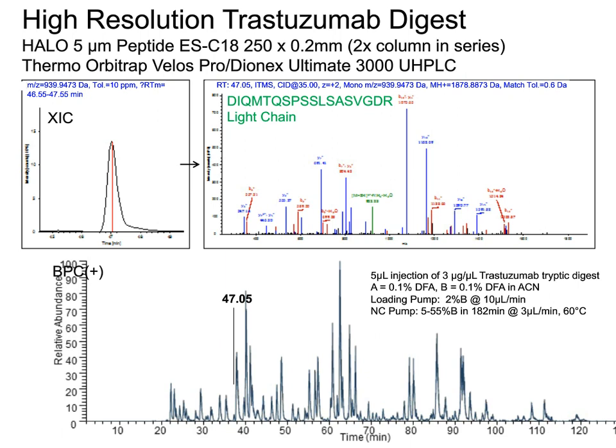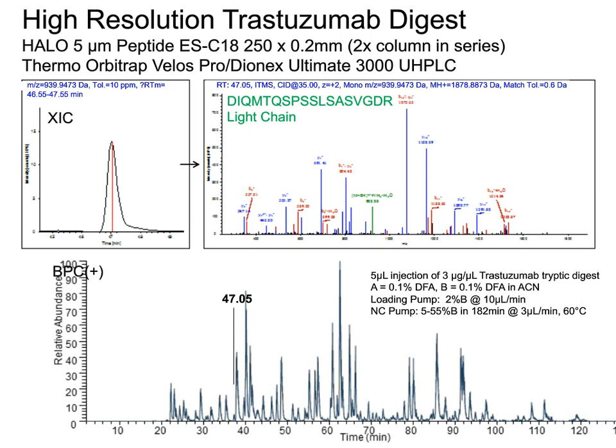On the bottom panel, you'll see the base peak chromatogram for that separation. So looking at the MS signal, and above it, the mass fragments from a selected peptide where we can now read off the sequence and identify by spectral ID matching.